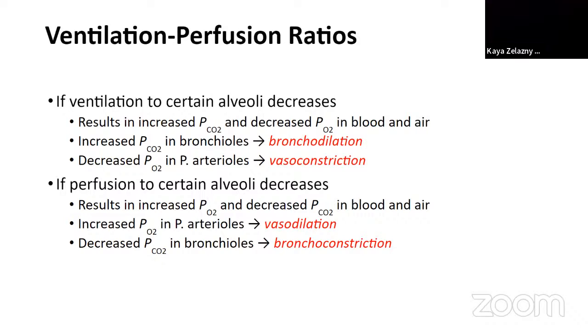Maybe it's picking up extra oxygen, giving off more carbon dioxide. Then our arterioles have more oxygen in them and they respond with vasodilation. The bronchioles sense this lowered partial pressure of carbon dioxide and respond with bronchoconstriction.